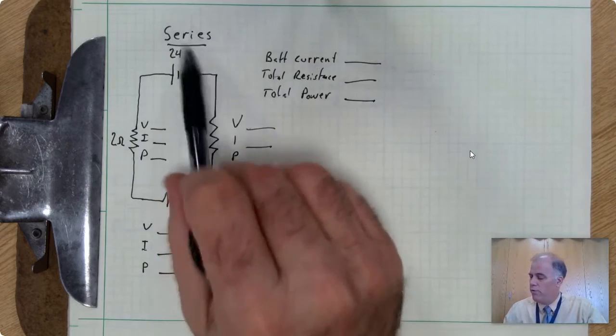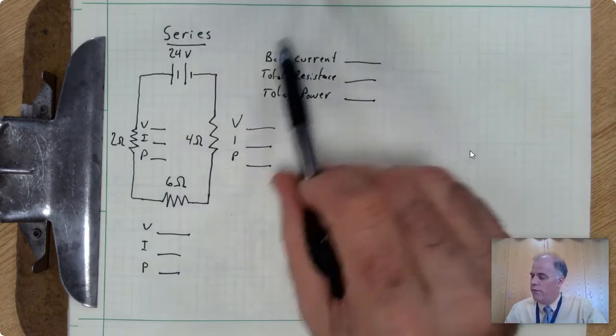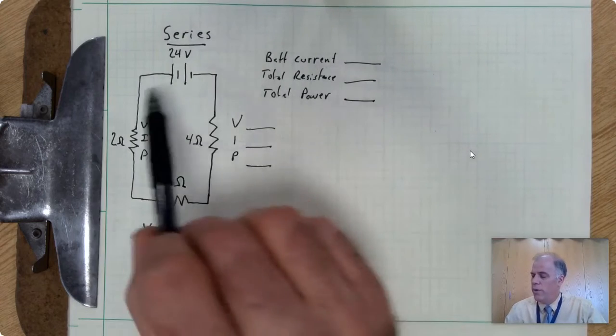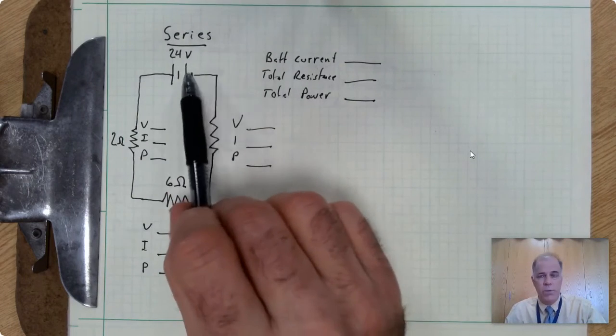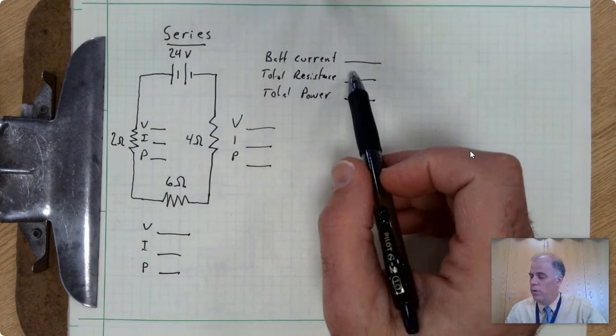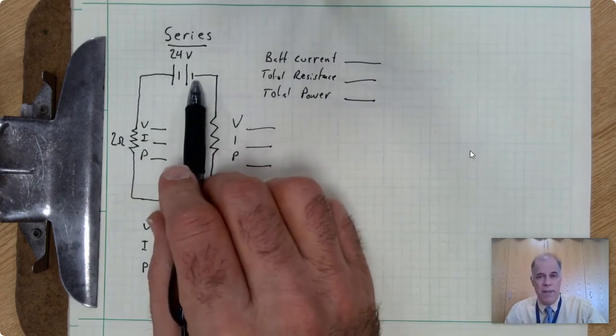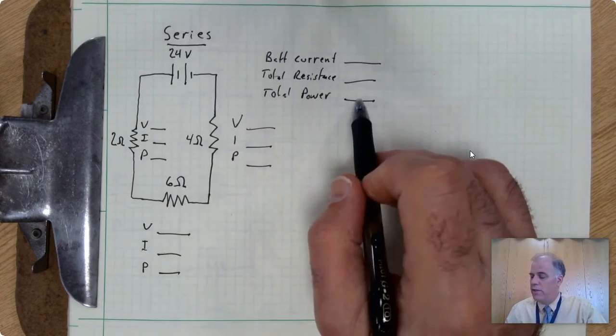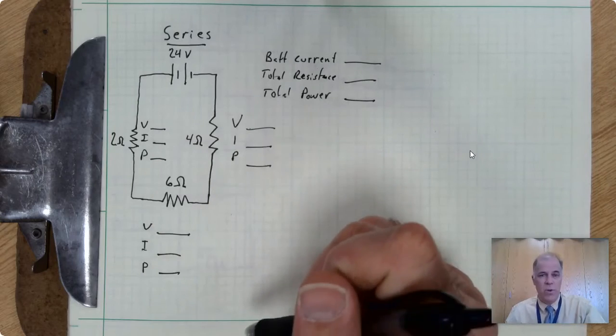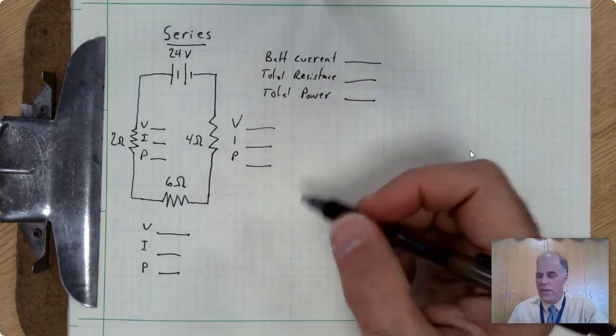We are given a 24-volt battery, and then we're also going to figure out the current which is flowing through the battery, or that the battery is producing, the total resistance experienced by the battery, and then finally the total power produced by the battery. So lots of information, and we'll see how we do it.